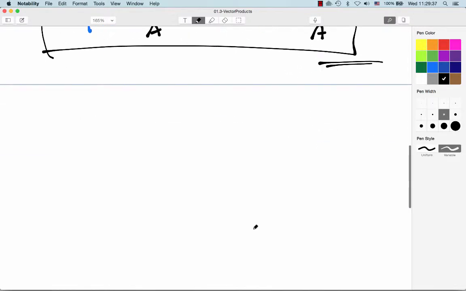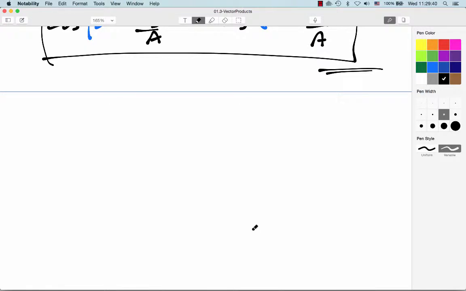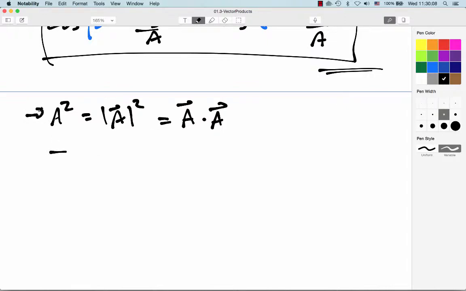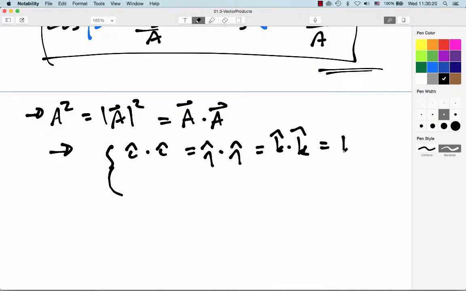Some other identities that we can come up with are that the square of the magnitude, the square of the norm, you can get from the Pythagorean theorem, and you should be able to convince yourself that that is going to work out to be A dot A. And a corollary of that gives us that i hat dot i hat equals j hat dot j hat equals k hat dot k hat equals 1.